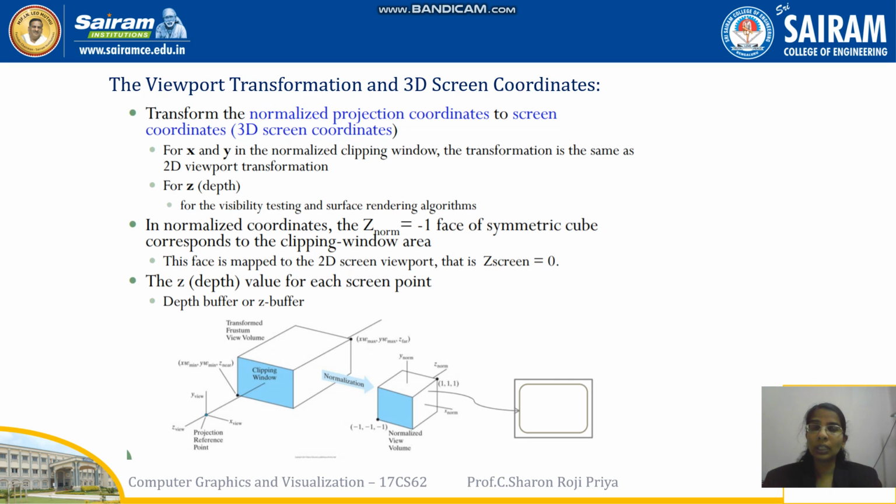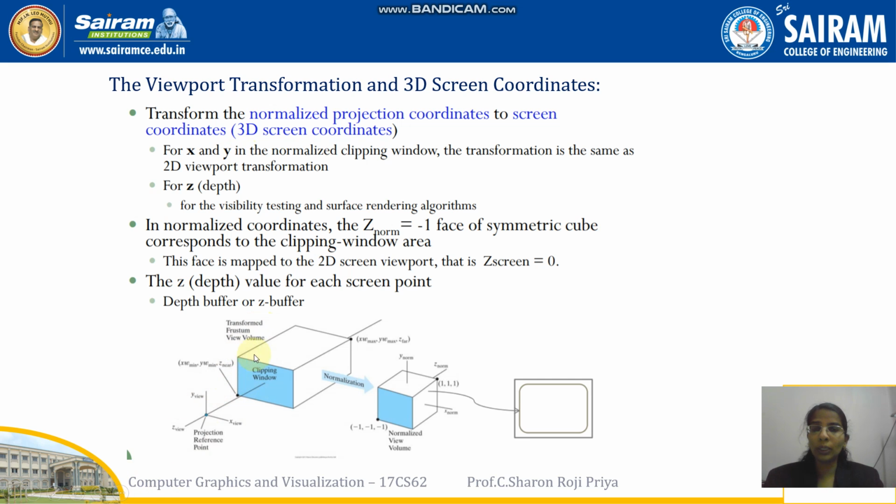So I cannot call this a clipping window or clipping rectangle; I should call it a view volume. Since it has one more parameter, it becomes a volume. It will have a length, breadth, and a depth value. All the objects present inside this view volume will be in my output.